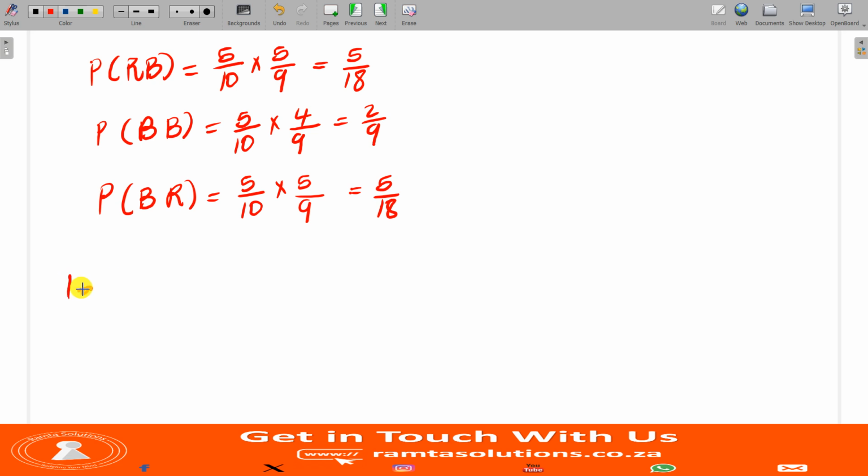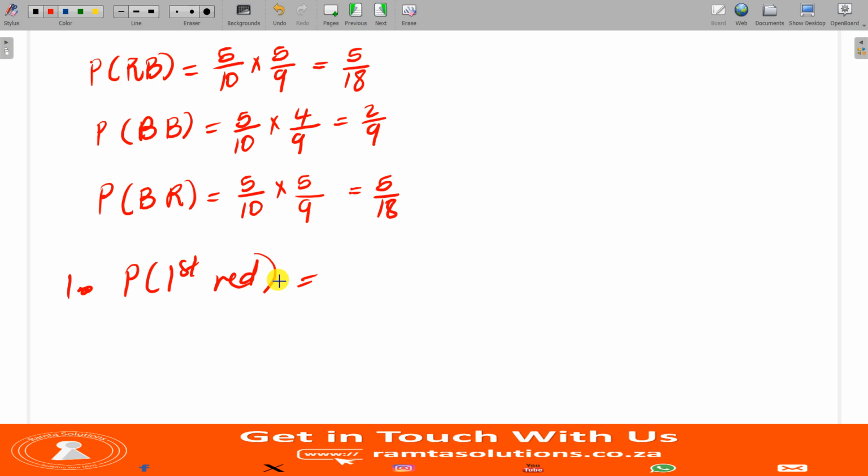Now let's answer the question. What is the probability of choosing red first? It's easy, with this one you don't even have to waste your time. It's easy to say it's half.